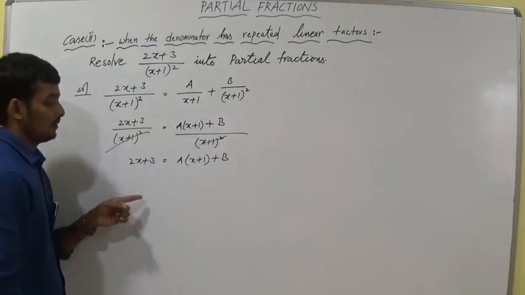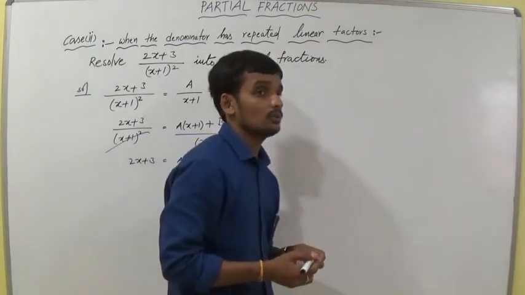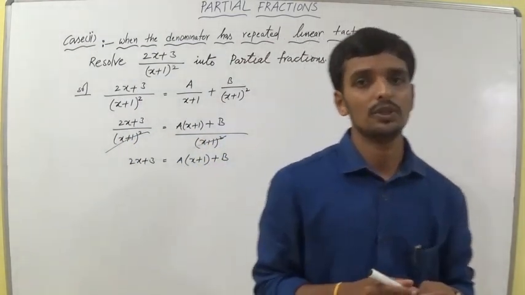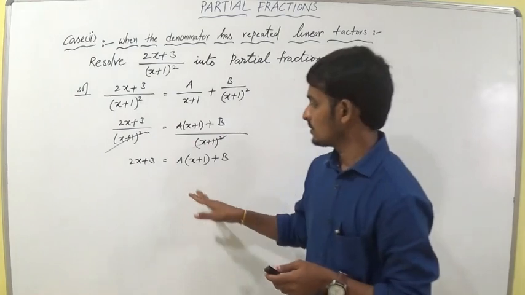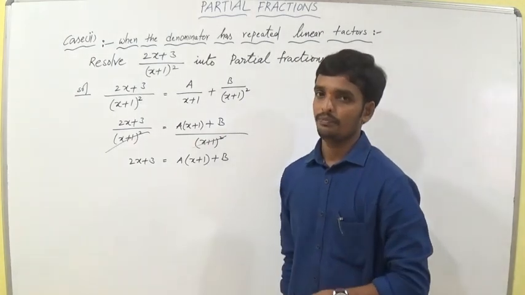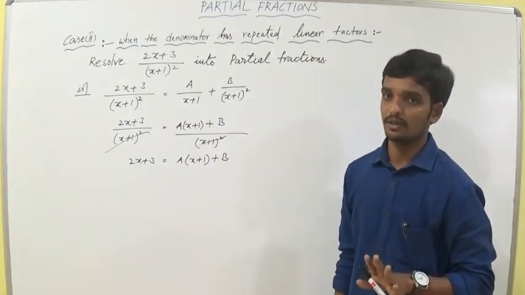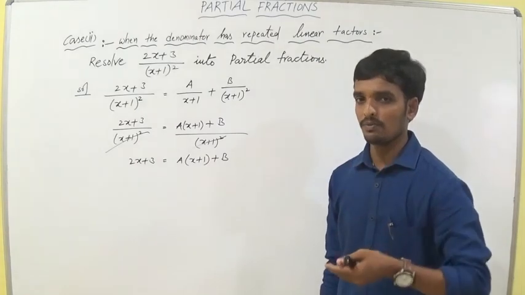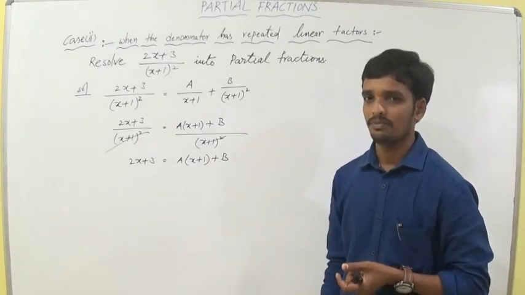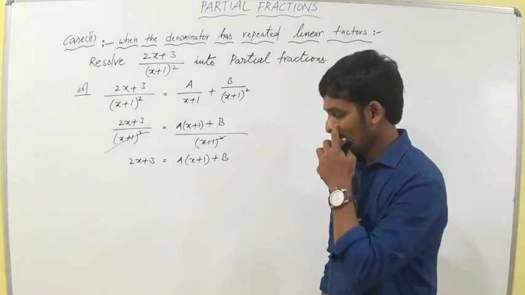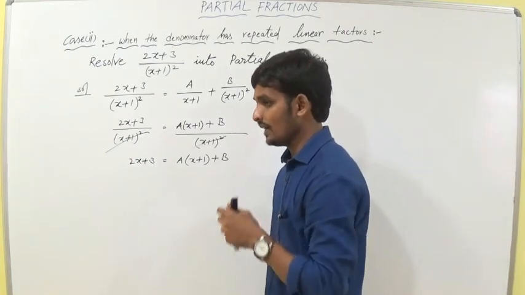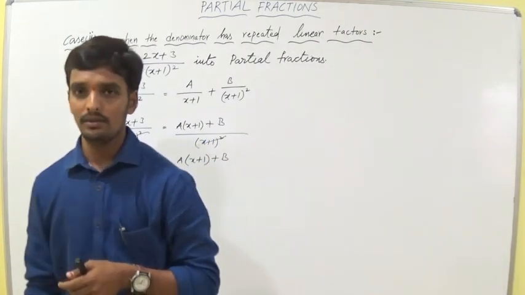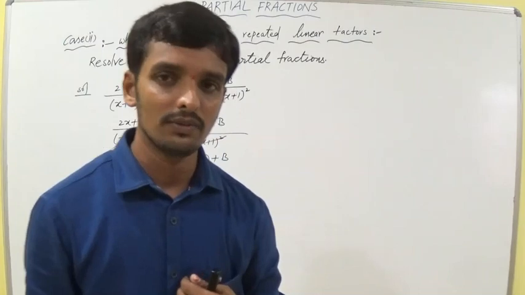One of your students, I think it's Jyotika, has solved this problem in a different way. That is also correct, that is not wrong, but the process is somehow big. Here our target is finding the values of a and b.